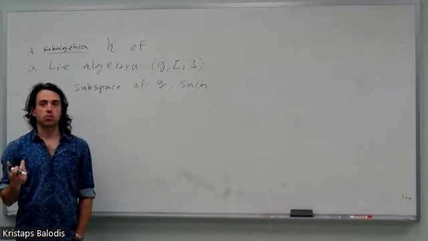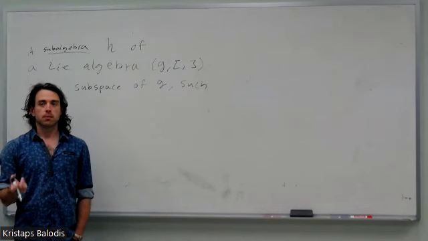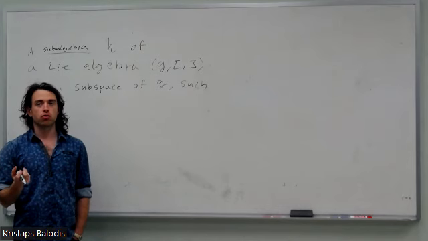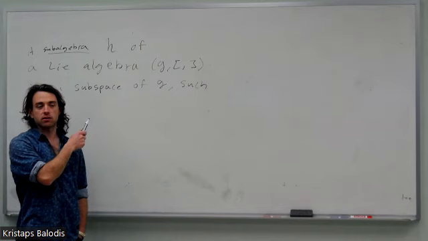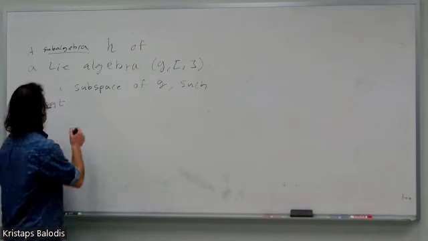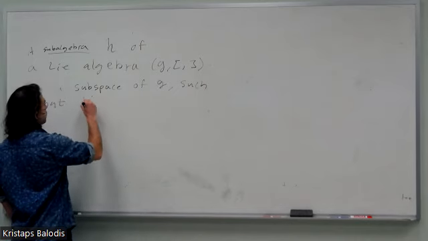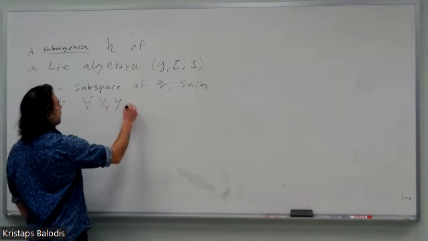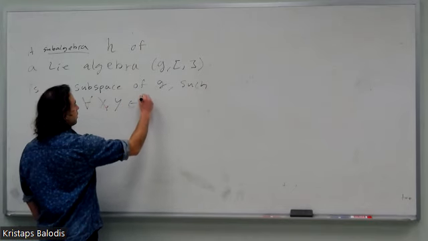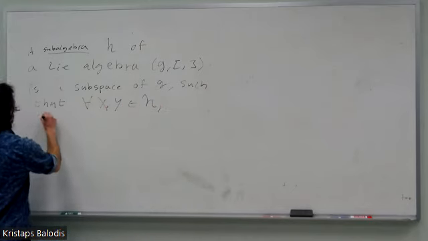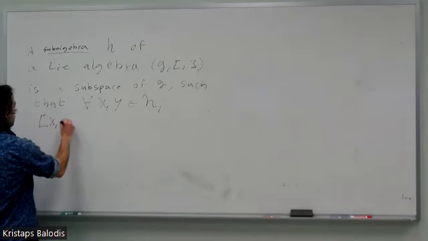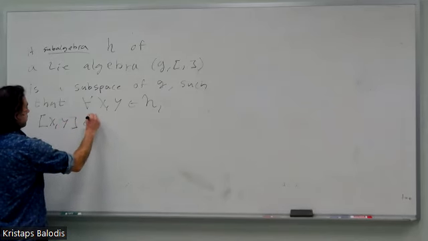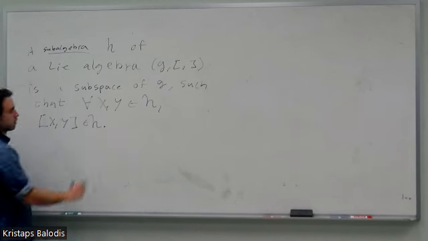Not only should it be some random Lie algebra, it should be closed specifically under the bracket inherited from G. So such that for all x and y in H, the bracket of x and y lands back in H. Yeah, exactly.